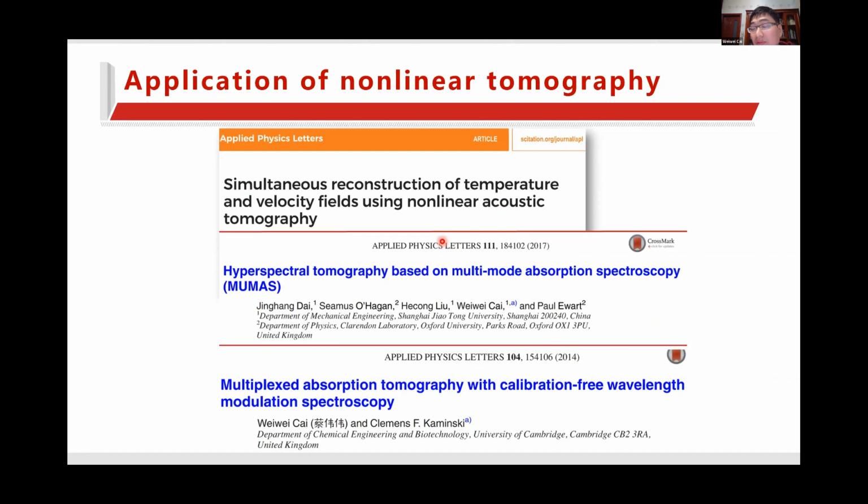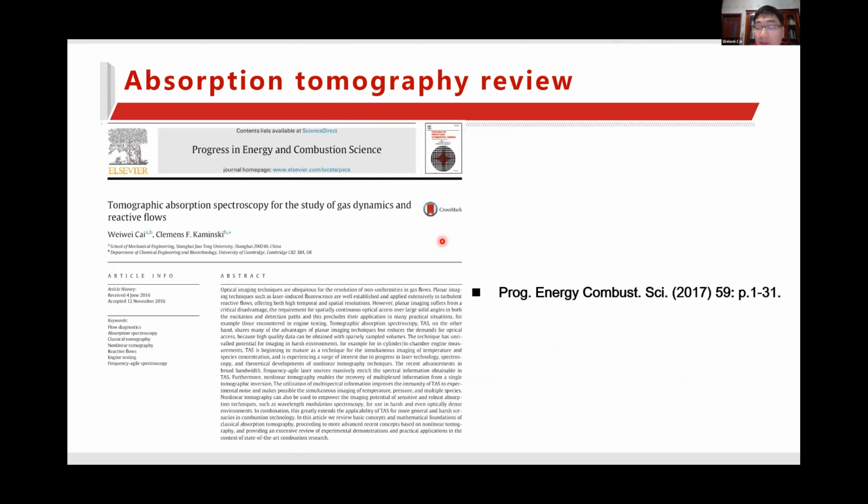Nonlinear tomography is a mathematical concept, not just a technique. It can combine with different line-of-sight measurement techniques to enable spatial resolution, for example, acoustic tomography. Here is the review paper for absorption tomography, if you are interested.